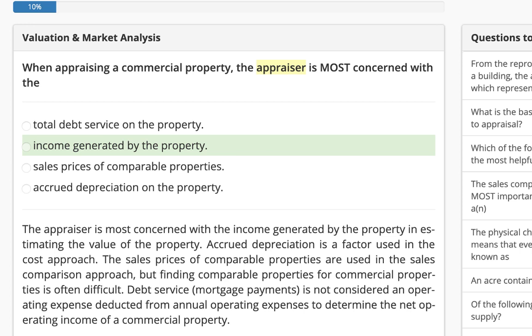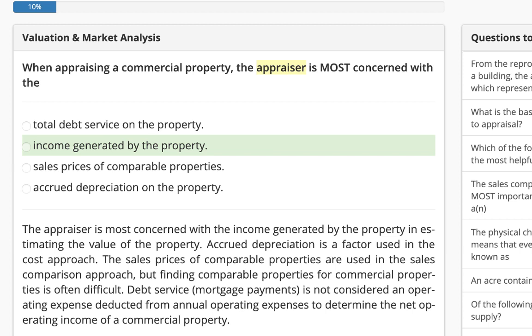Any thoughts? Any idea why income generated by the property is correct? Aurora says income, with a question mark. Say that with more authority, Aurora. That's exactly it. And Drew says commercial, and it's that connection, commercial and income.